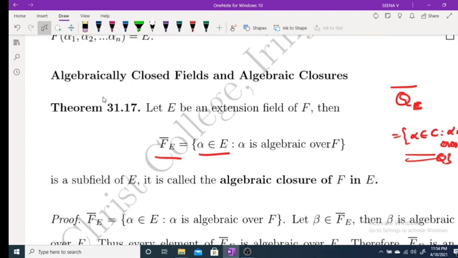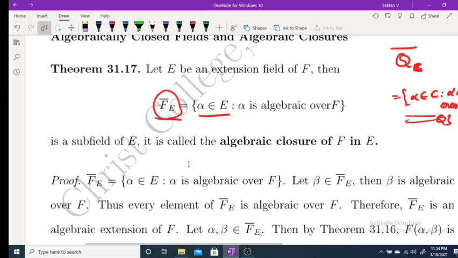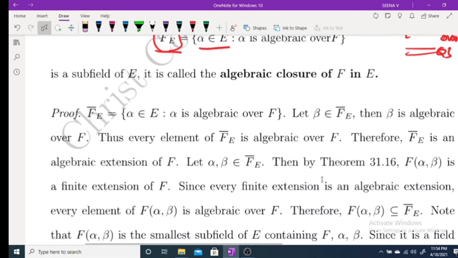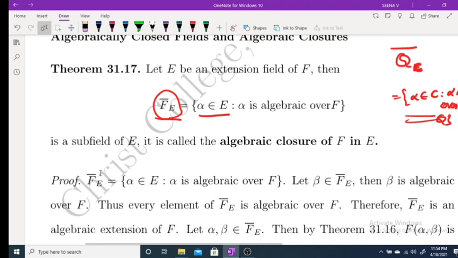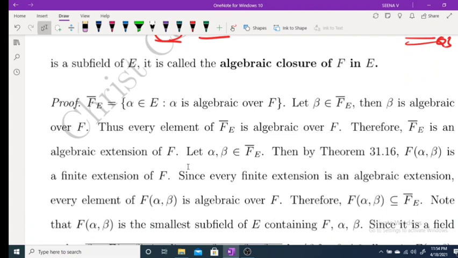So we have to prove this, and sometimes it may ask to prove that Q_C closure is a subfield of C. In that case you can replace F by Q and E by C. Now we have to prove that it is a subfield. That means if you take any two elements, addition closed, multiplication closed, inverse exists, etc.